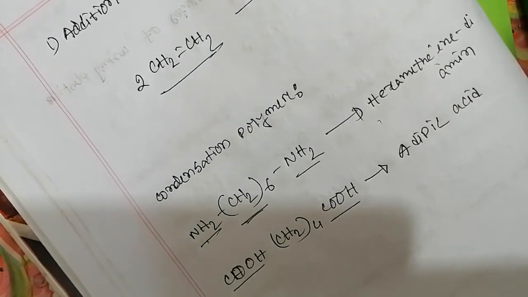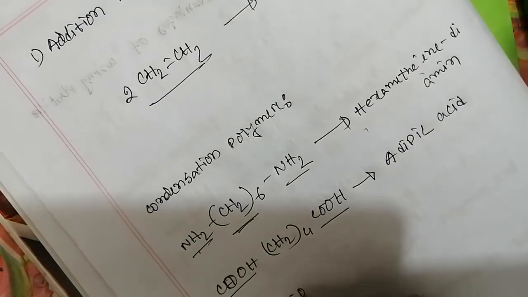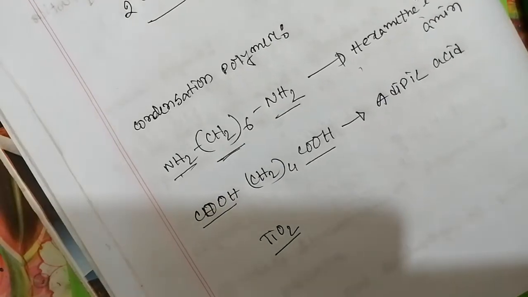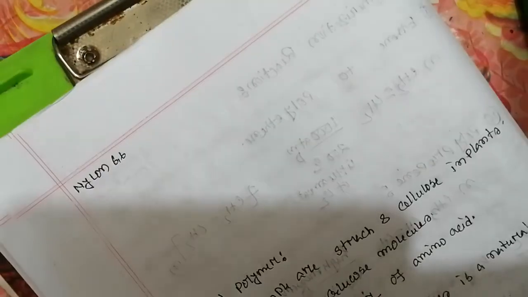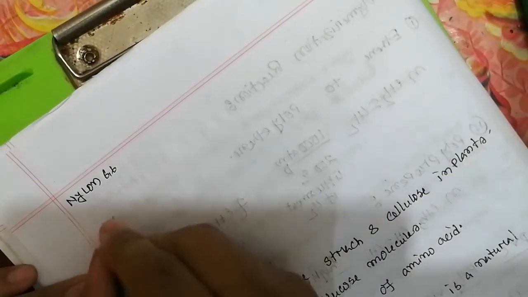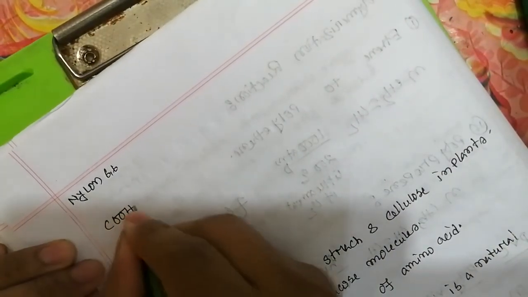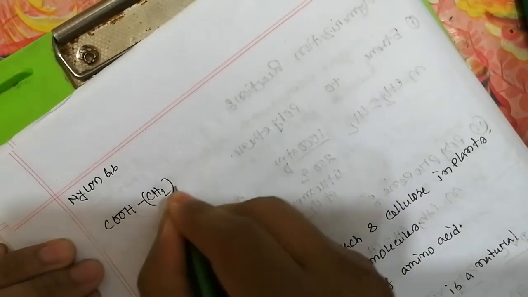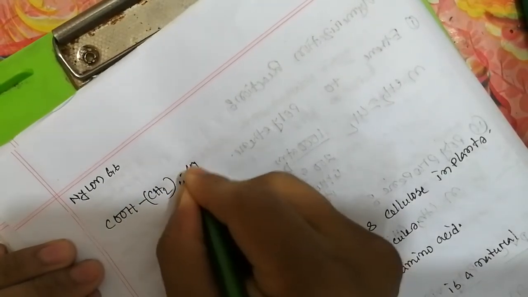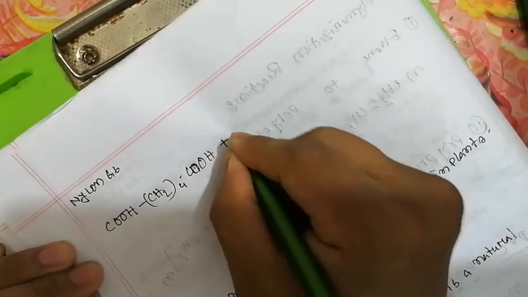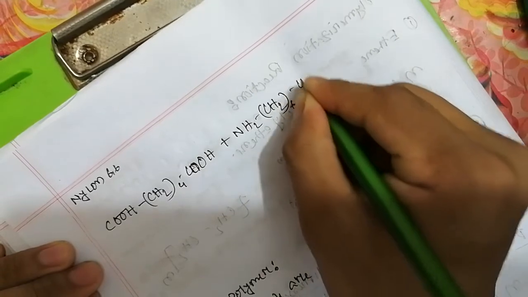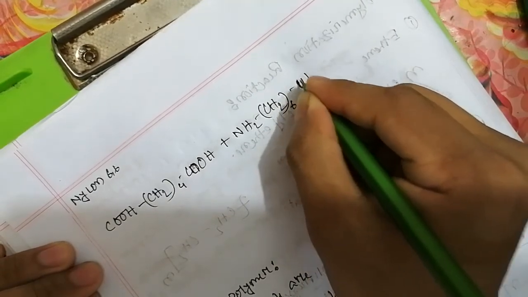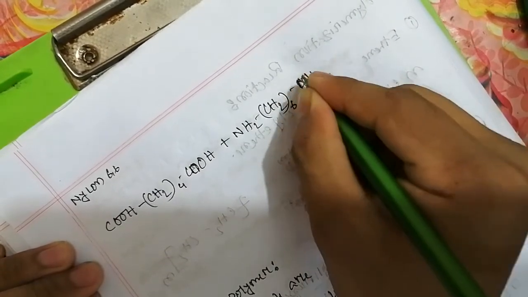Here high temperature and titanium oxide are used as a catalyst. Then we discuss the reaction of this production of nylon 6,6. Here we show the reaction: COOH-(CH2)4-COOH plus NH2-(CH2)6-NH2.